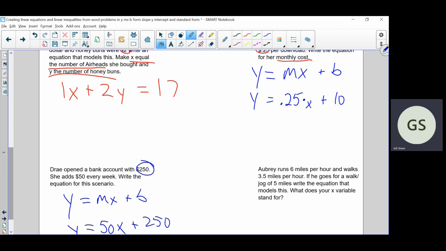For this one, really quickly, there's no initial number. 5 is an ending number. And I'm going to be multiplying twice. I'm going to multiply 6 miles per hour times how many hours? And I'm going to multiply 3.5 miles per hour times how many hours? So my final equation.